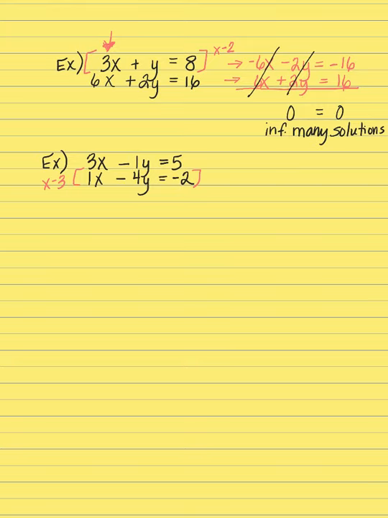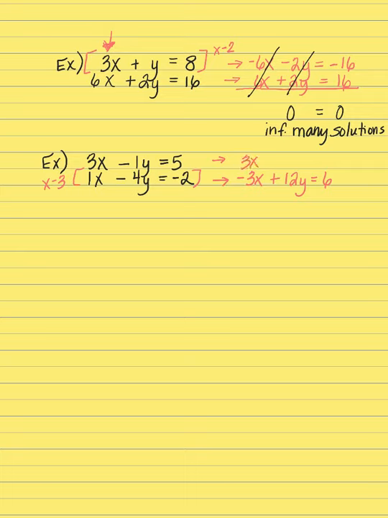But if I do that, I have to multiply the entire equation by -3. So let's do that. -3 times 1x is -3x. -3 times -4y is plus 12y. Bring your equal over, and -3 times -2 is positive 6. The equation on the top I'm not going to change.